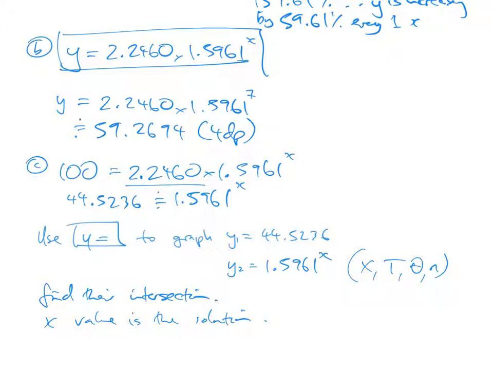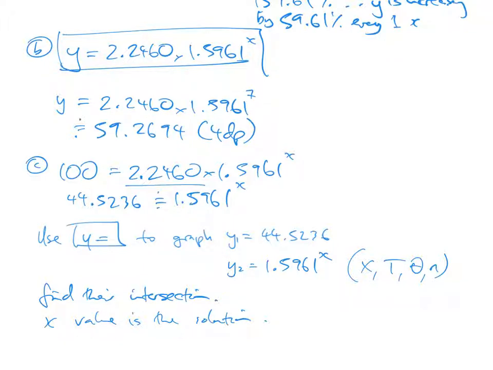Okay, so once I've graphed those, I press the graph button. Your standard calculator zoom won't show where the intersection occurs properly, so press the zoom button, scroll down to zoom fit, and get the calculator to fit it on the screen for you. You'll find it draws the line across horizontally at y equal to 44.5236, and then it draws the curved line going up.